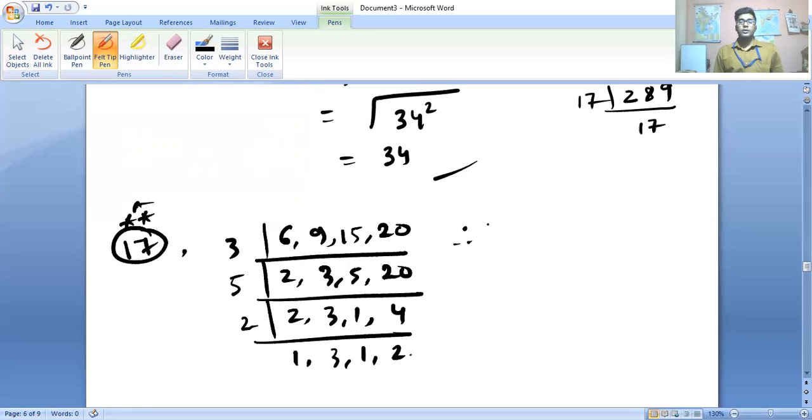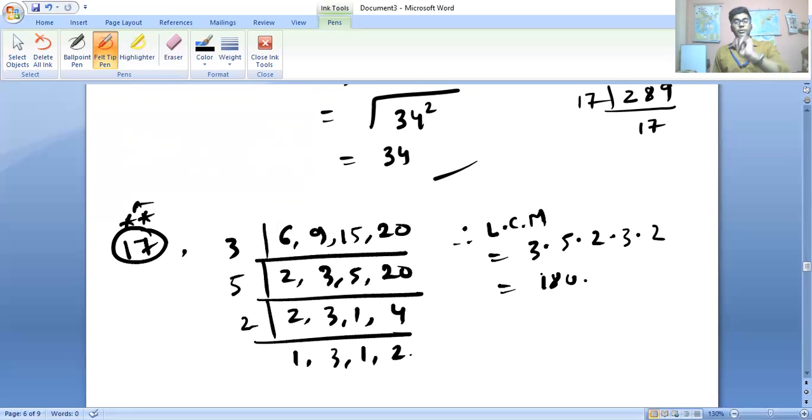Okay. So LCM will be what? 3 into 5 into 2 into 3 into 2. Now this 180 will be divisible by each of the numbers 6, 9, 15, and 20. Now remember, if I multiply something with 180, this is also exactly divisible by these. Clear? But this may not be a perfect square.